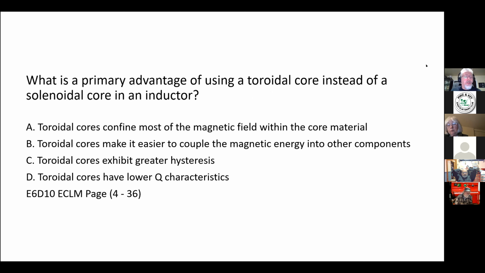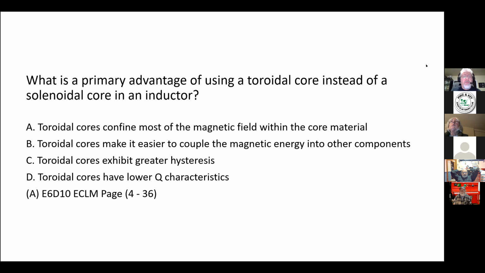C. Toroidal cores exhibit greater hysteresis. Or D. Toroidal cores have lower Q characteristics. Alpha is correct. It confines most of the magnetic field within the core material.